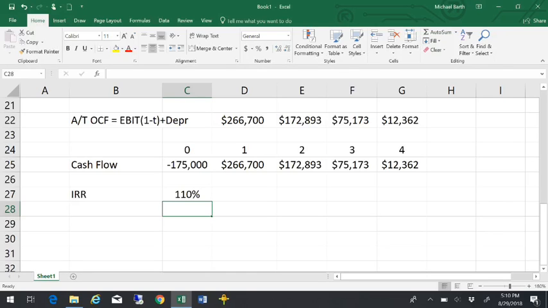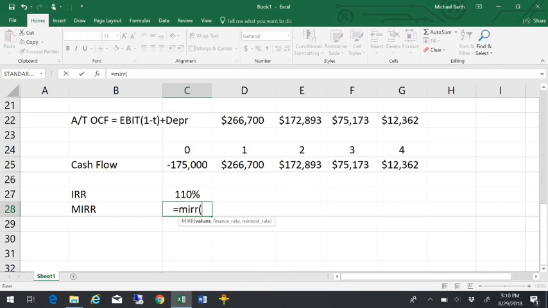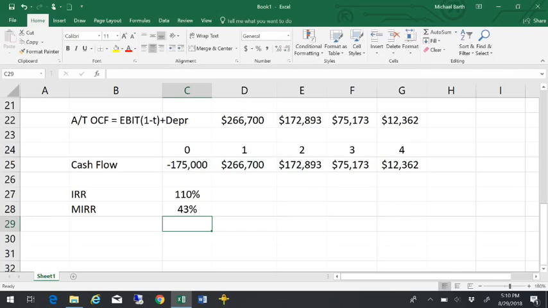Well, that's pretty hefty. I want to do my MIRR because the IRR overstates the rate of return. The only difference is that I compute it the exact same way, but now I have to tell it the finance rate and the reinvestment rate. Use the cost of capital for that. And it's 43%, which is still pretty good.